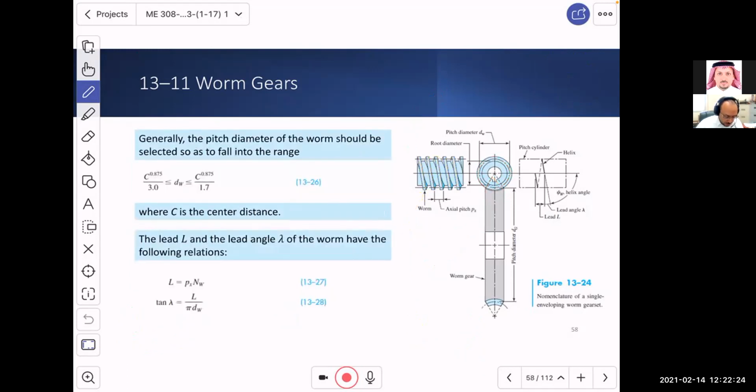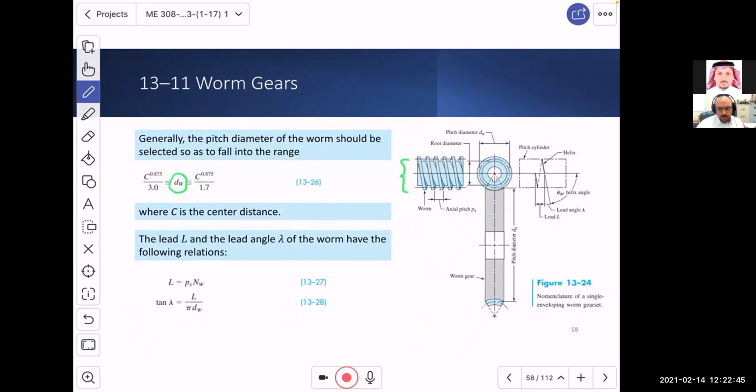If we want to know the pitch diameter for the worm, then it is usually selected to fall in the range. So this is the diameter dW. The other equation was for dg, the gear. This one is for the worm.